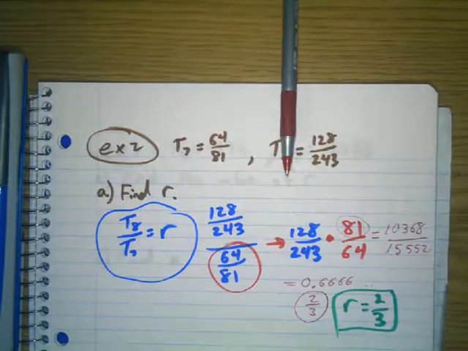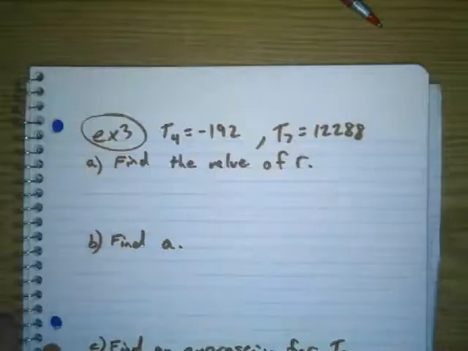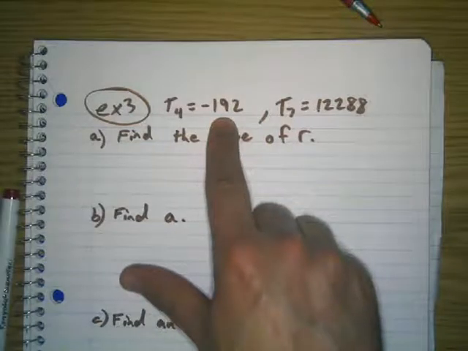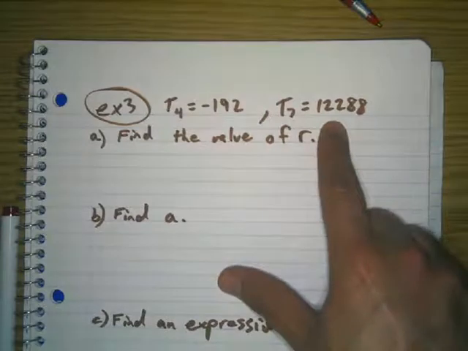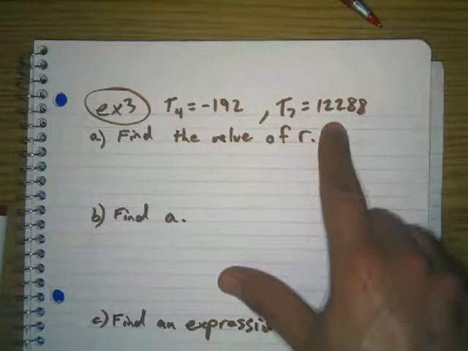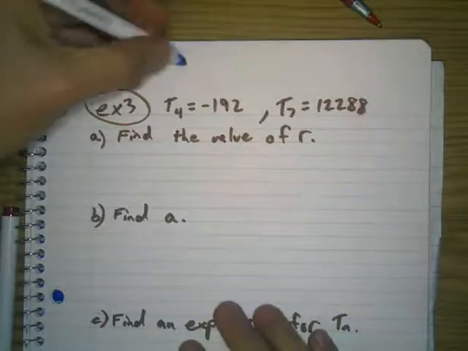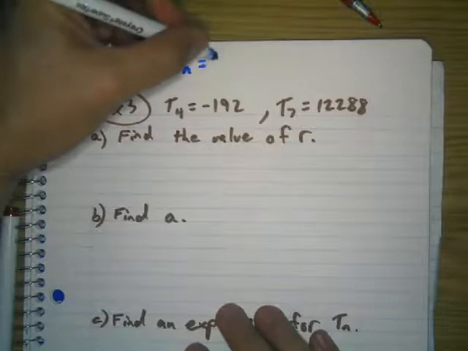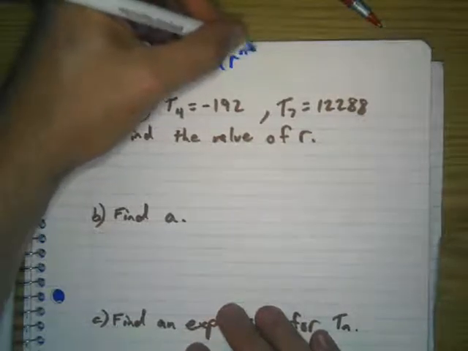Okay, let's do one more example. The fourth term is negative 192. The seventh term is this. So let's remember what we said earlier: T sub n equals a times r to the power of n minus 1, right?